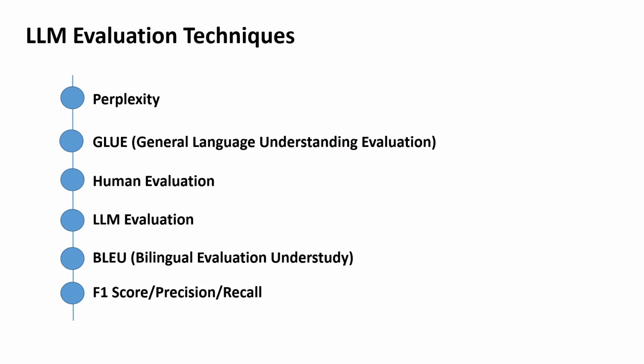But this GLUE one is okay, and it doesn't really gel with human judgment at all. Then human evaluation: humans go in, test the model on different metrics, and then come up with their own benchmarks. Of course, you cannot really rely on that because there are biases, and you never know which one is right or which one is wrong. There could be a lot of things going on in the background.